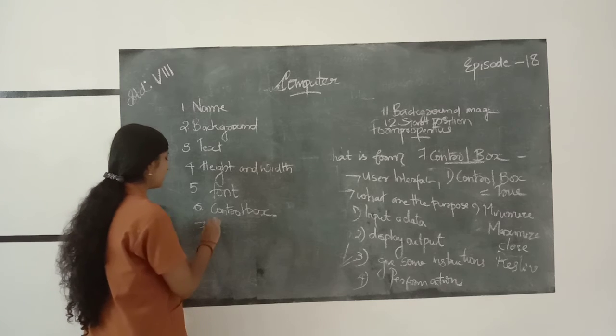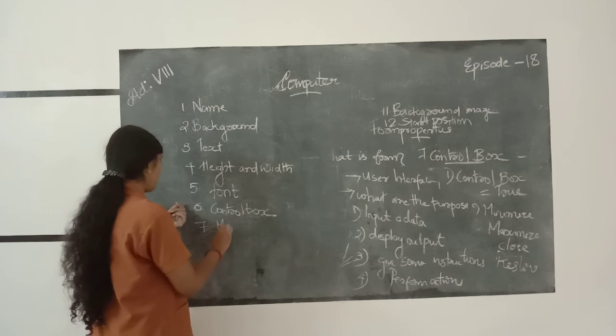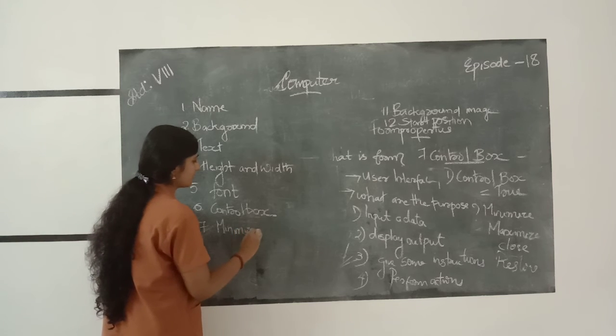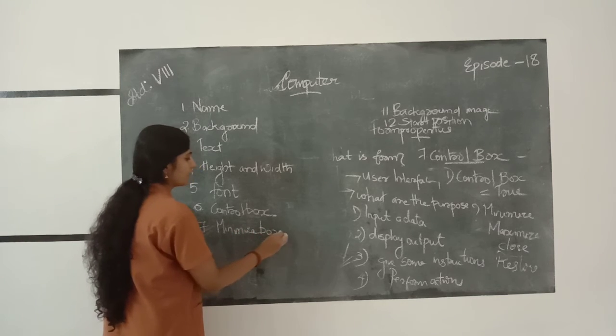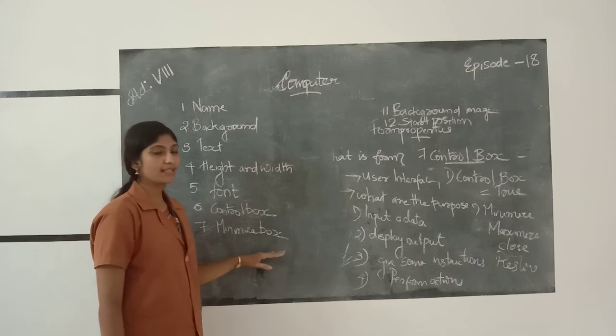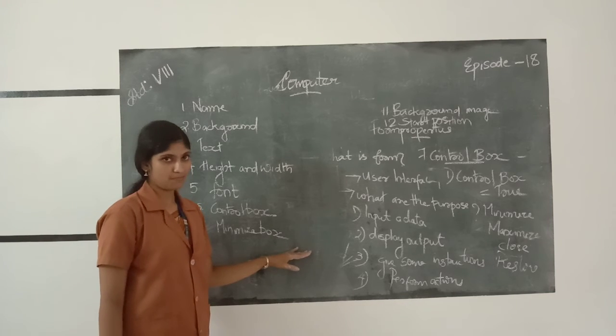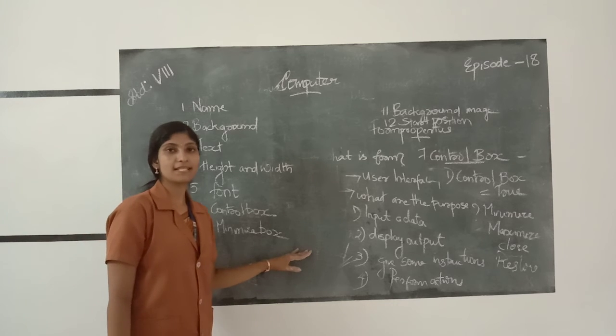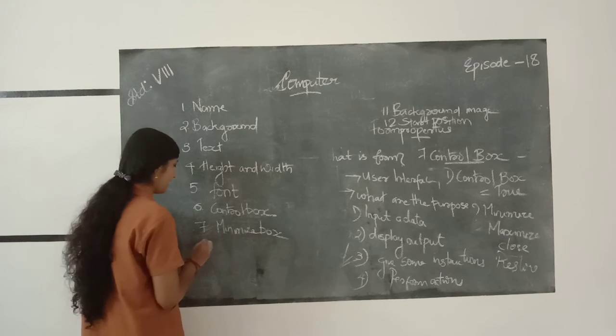Then the seventh one, minimize box. If it is true, then you can enable the minimize button. If it is false, then you can disable the minimize button. Then the eighth one, maximize box.